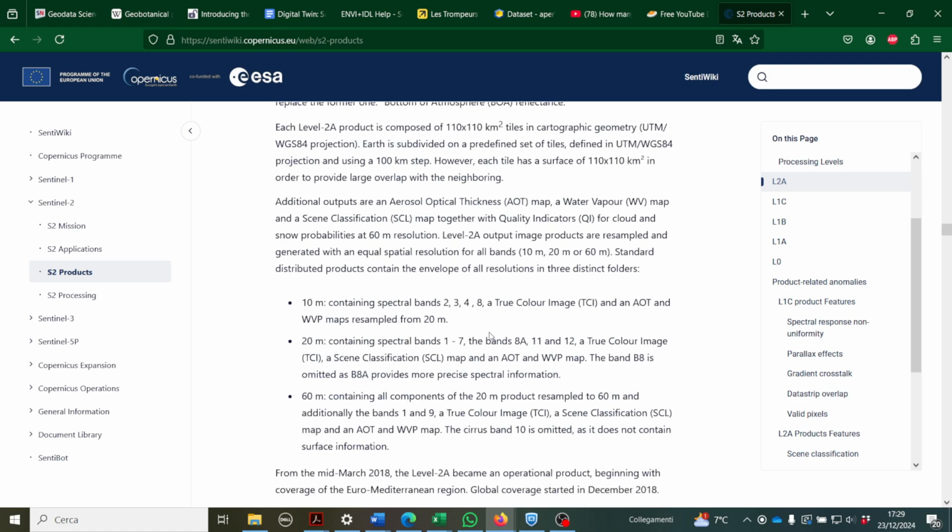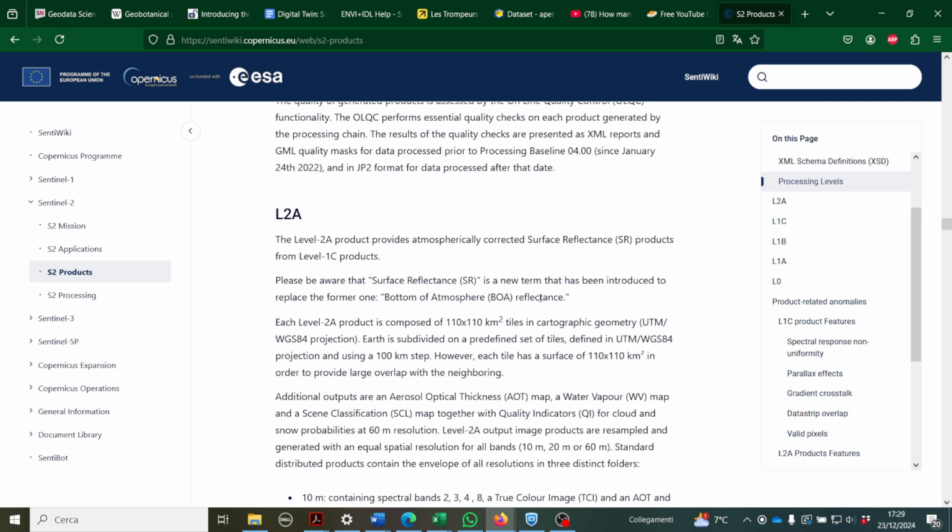Level 2A is the most used because level 2A products provide atmospherically corrected surface reflectance, called SR, derived from the level 1C product. This is classically what is called the BOA reflectance, bottom of the atmosphere.